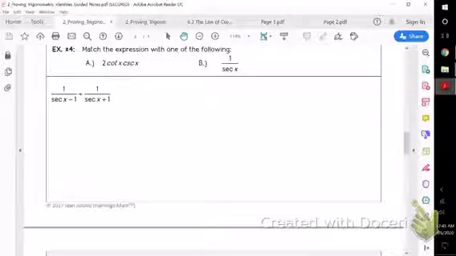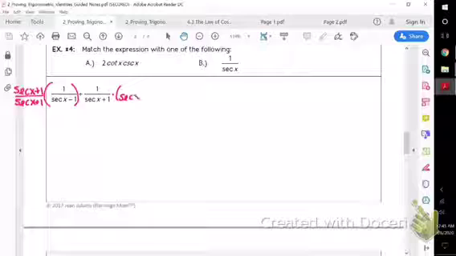All right. So notice we're adding fractions here. And so we're going to find that common denominator. And so we're going to multiply by the other one's denominator. So I'm going to multiply the first fraction's denominator by secant of x plus 1. And what I do to the bottom, I have to do to the top. I'm going to multiply the second fraction by the first one's denominator, so secant of x minus 1. And what we do to the bottom, we have to do to the top.